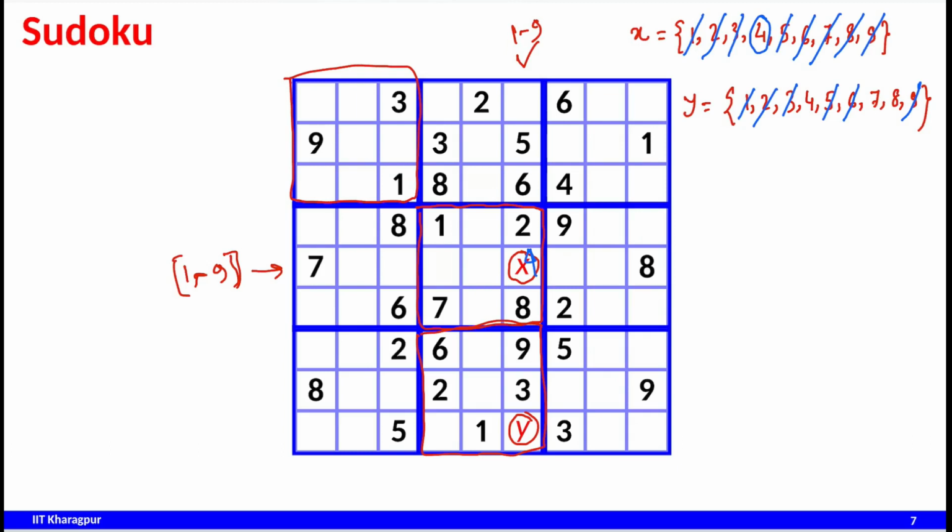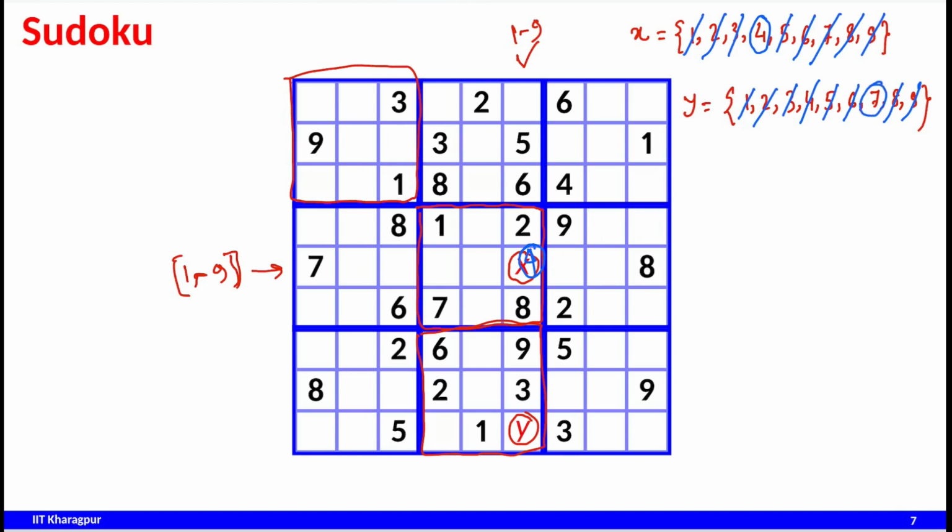Now if I look into this column, then I cannot take 5, 6, 2, fine, and I cannot take 8 also. And since 4 is selected for x, effectively I cannot take 4 as well. If I resolve this way, then x will be resolved to 4, so effectively y will have only the value 7 to take.